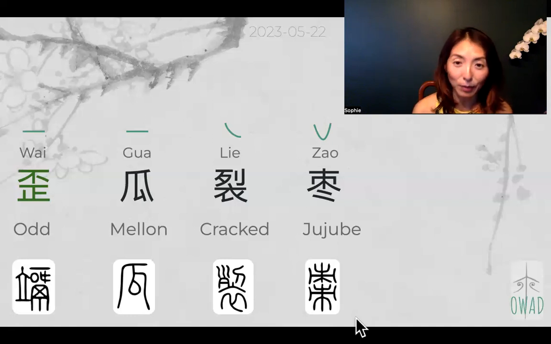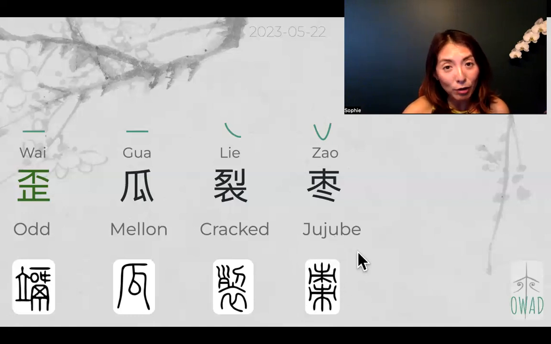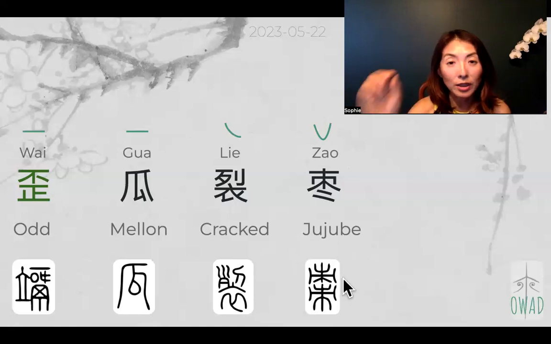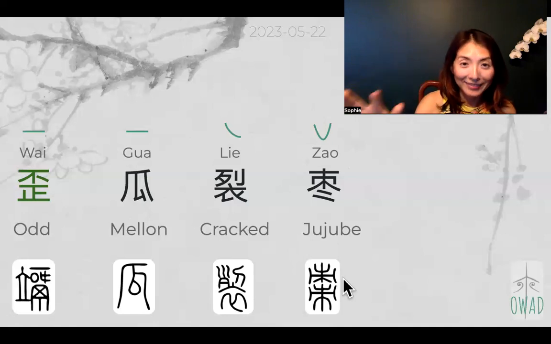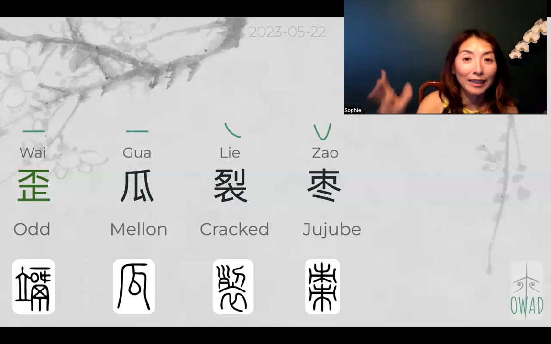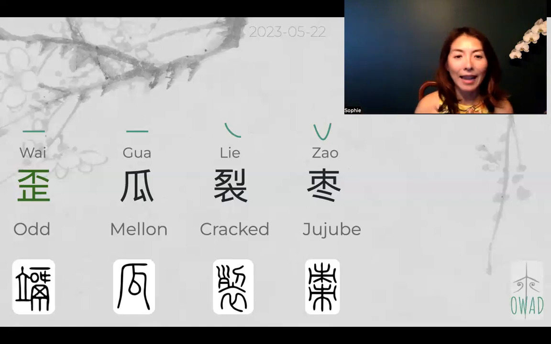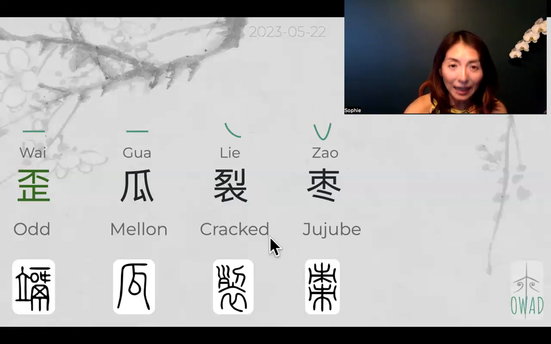It's double spiky. It's said that jujube trees have a lot of spikes on them. Therefore, language creators used this particular feature of this fruit tree, double stacking spiky trees, to mean it's a jujube tree. Okay, so now we have melon, we have jujube. What does 裂 mean? Okay, 裂 I translate as cracked.